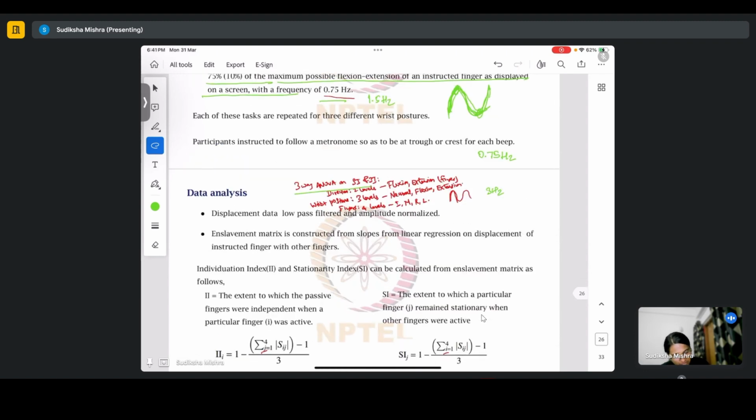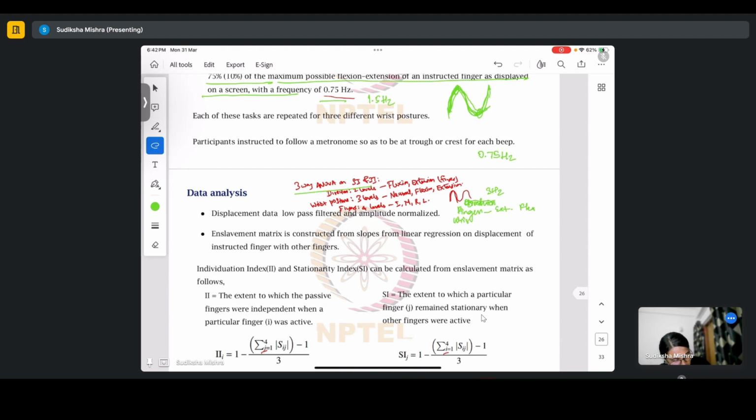So the data that was collected had different levels. In case of finger, there were two conditions: the finger was either extended or flexed.